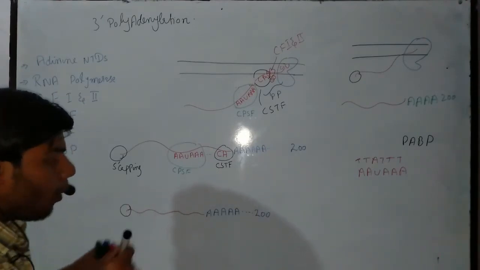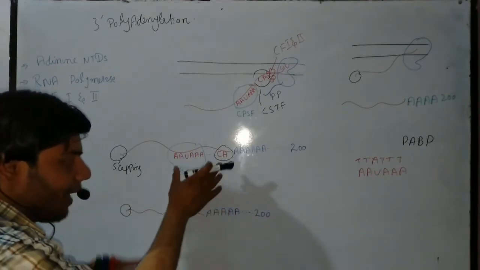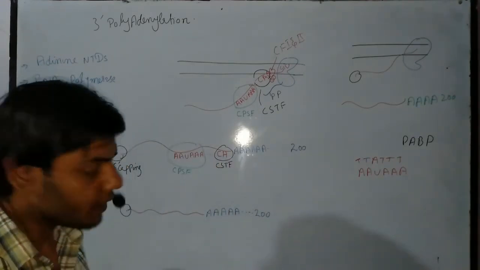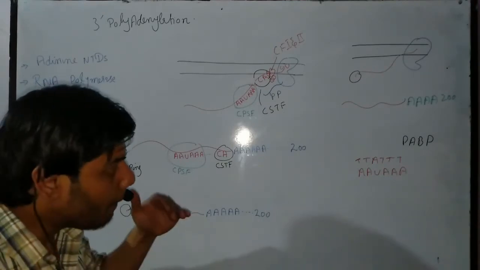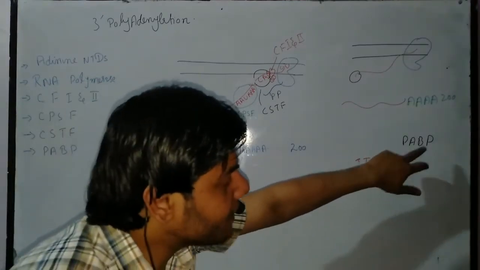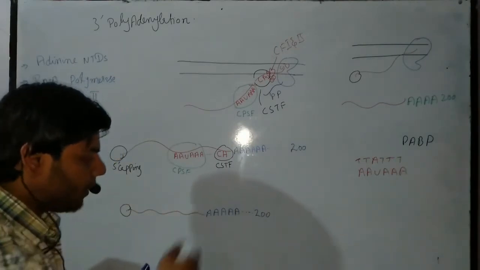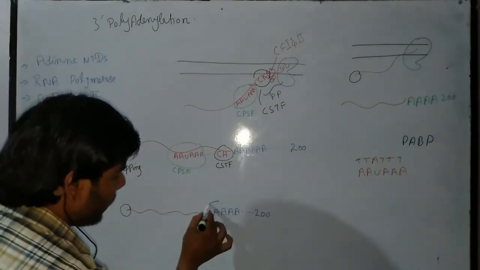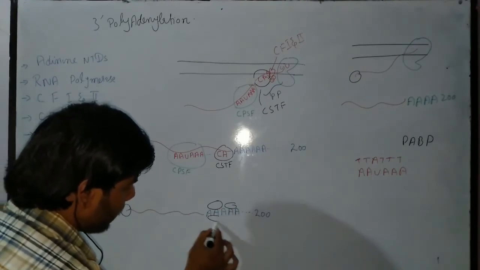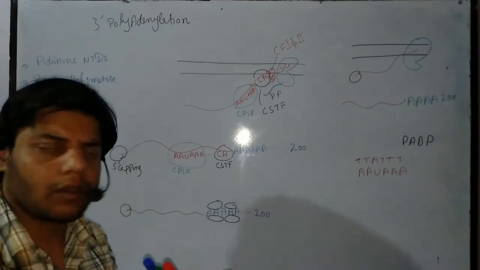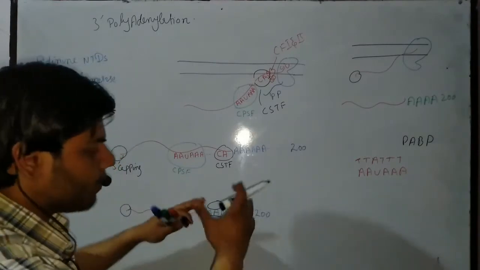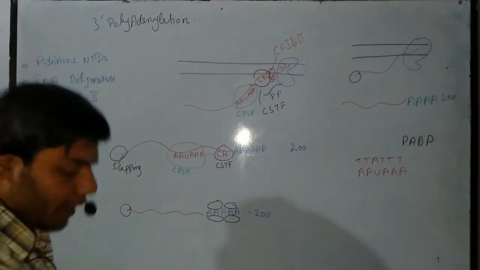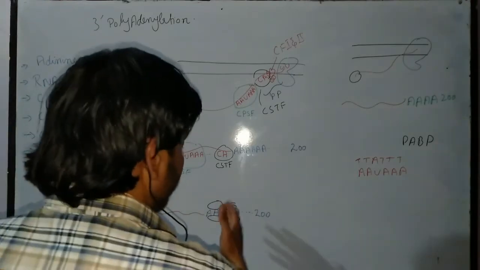Now once the cleavage factors are released from that specific area, what happens? The polyadenylation binding protein will come and bind to that specific area. We have one polyadenylation binding protein, which is a very huge structure, and it will bind at that specific area. And what will it do?